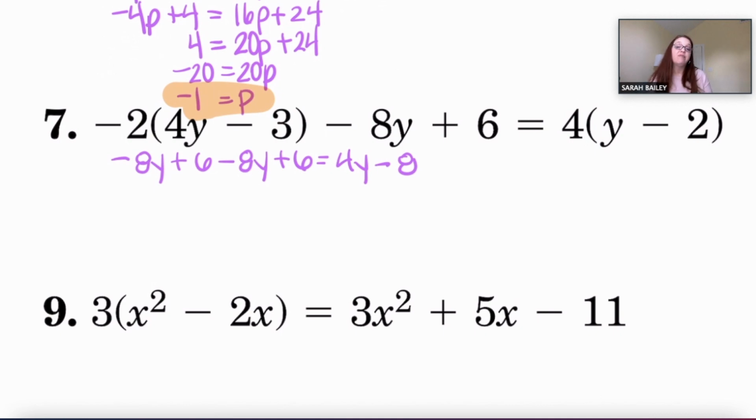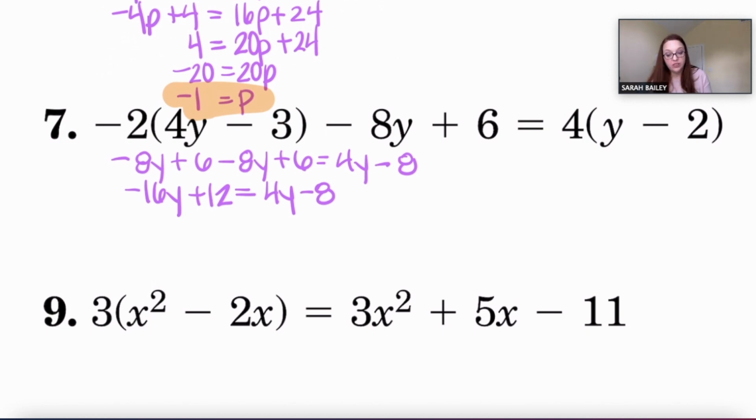All right, on the left, I have like terms that can be combined. So negative 8y minus 8y is negative 16y. And then that 6 plus 6 gives me positive 12, so plus 12, equals, on the right, 4y minus 8.